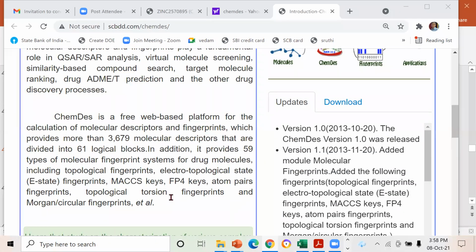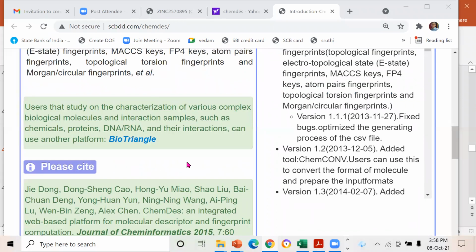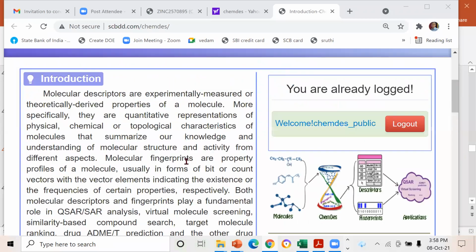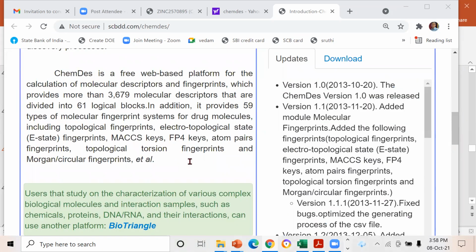It's a free web-based platform for calculation, so everybody can use it. 3,679 descriptors, a big number actually. A large number of descriptors you can calculate.